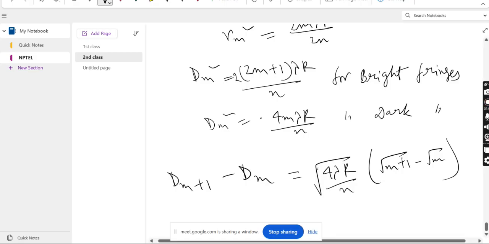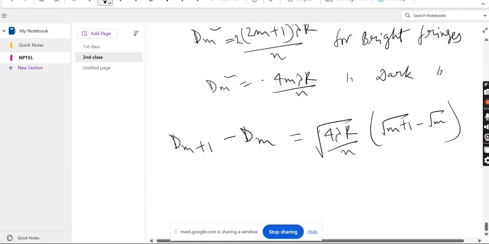This is the difference of diameter of the mth and m+1th order dark fringe, and as m increases, this difference decreases, because as m increases, m plus 1 tends to m.